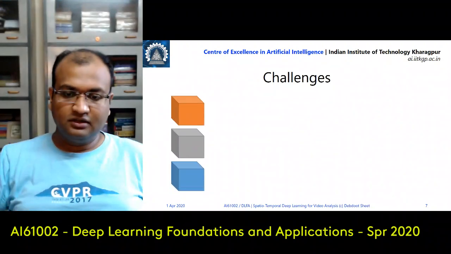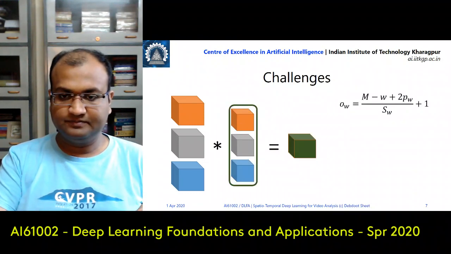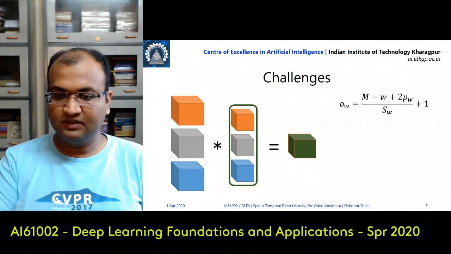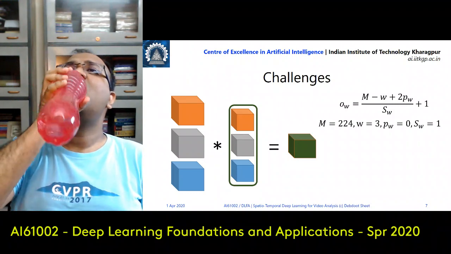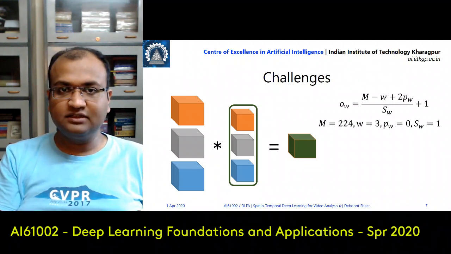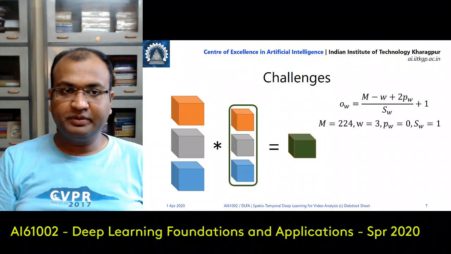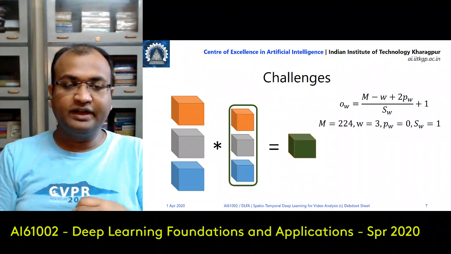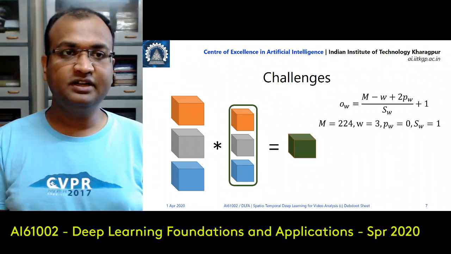So say for this example itself, my output is something which comes like this. Now if I take a very standard case that I have a video which has m equal to 224, which means that I am taking an isotropic cube. In the x direction, I will have 224 elements. In the y direction, I will have 224 elements, which means 224 rows, 224 columns.